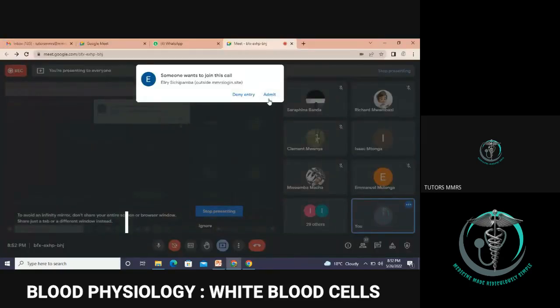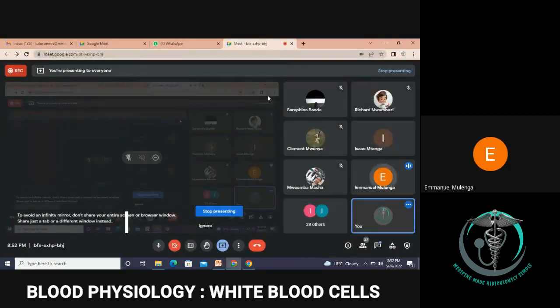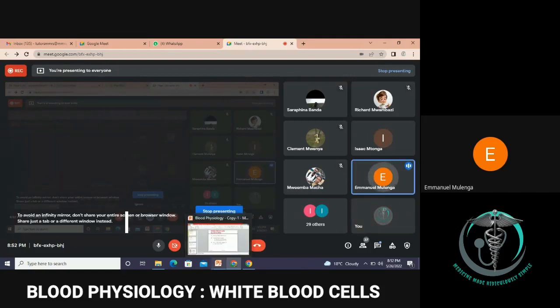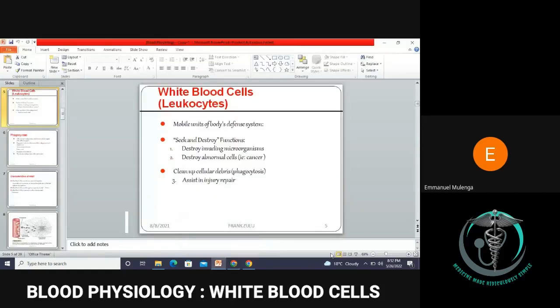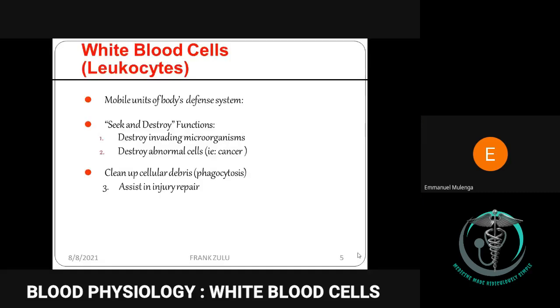Is it that whenever we are doing a blood transfusion, we consider the antigen of the donor and the antibodies of the recipient? No, we don't do that. We always consider the ABO system, which looks at the antigen.